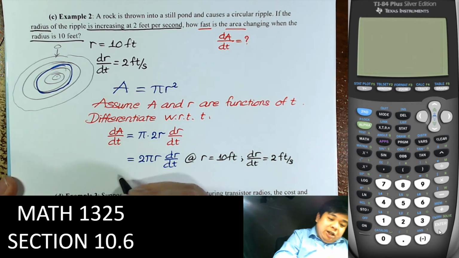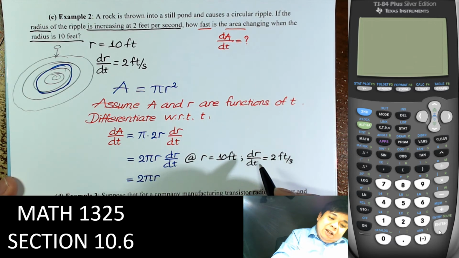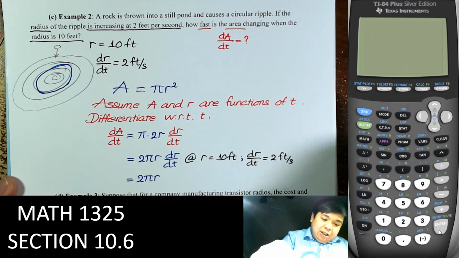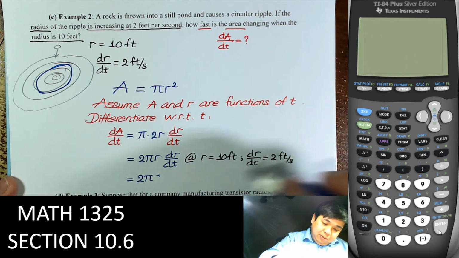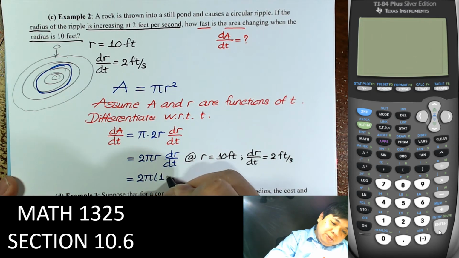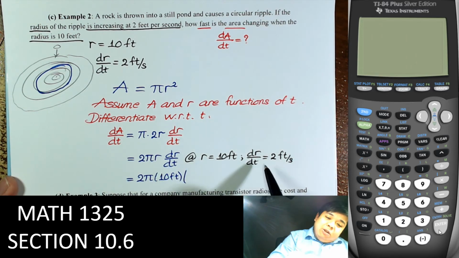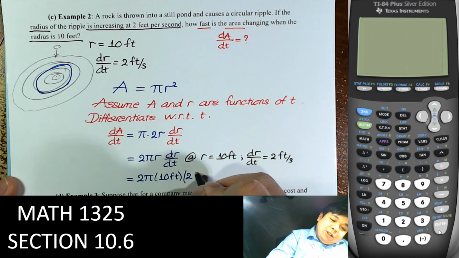Sorry, r is 10 feet. Dr over dt 2 feet per second.